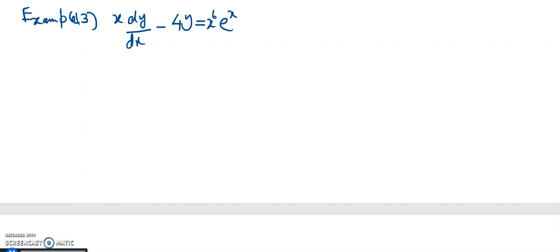Okay, so this is a linear ordinary differential equation, but it is not in the standard format. So for the standard format, I have to divide it throughout by x. So it will be dy over dx minus 4 over x y is equal to x power 5 e power x.